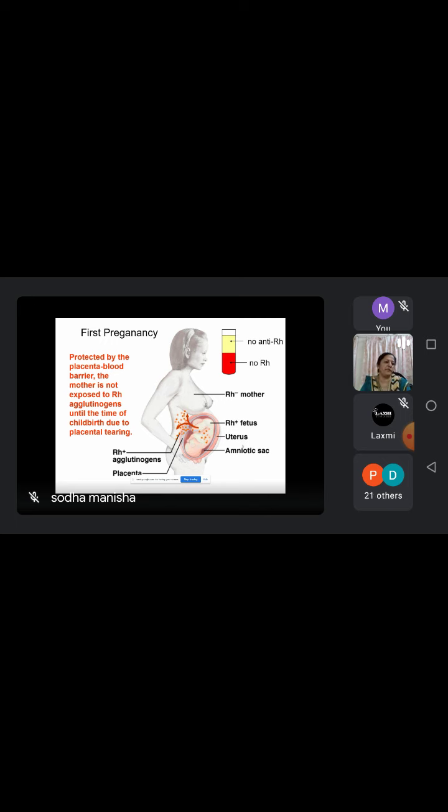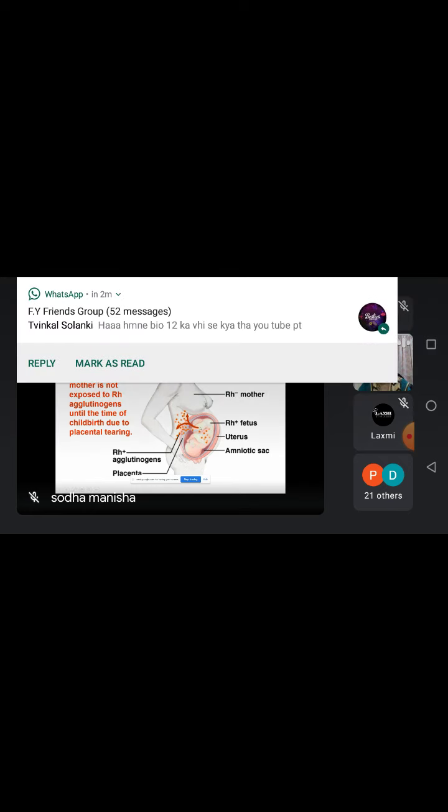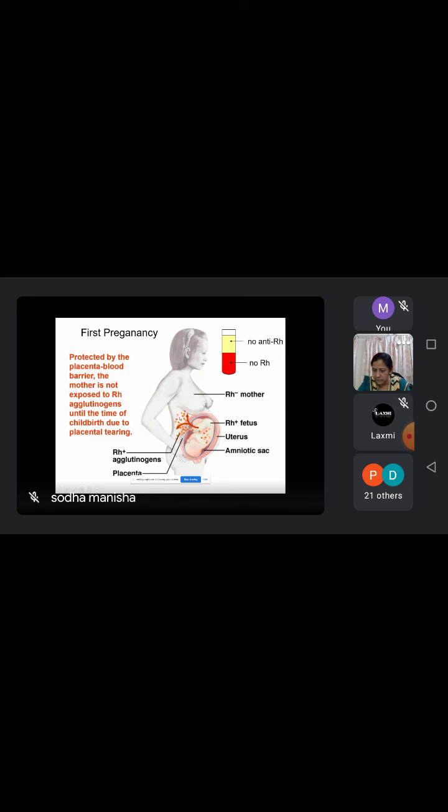So here the fetus is Rh positive, so Rh factor can travel across the placenta. Rh factor will travel from the fetus's blood to the mother's blood. Mother is Rh negative. Now what happens?